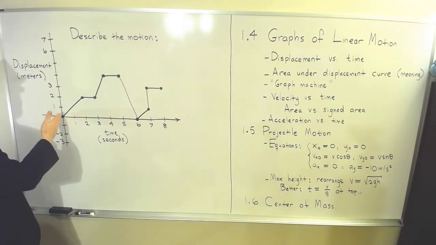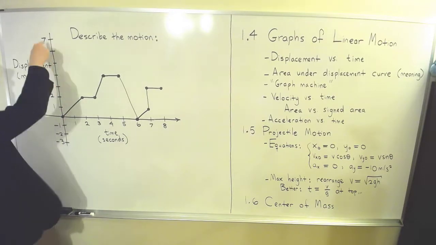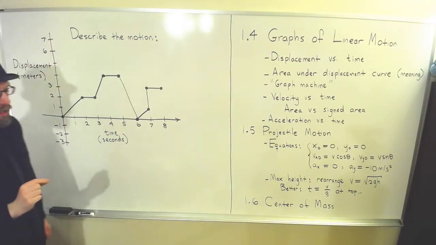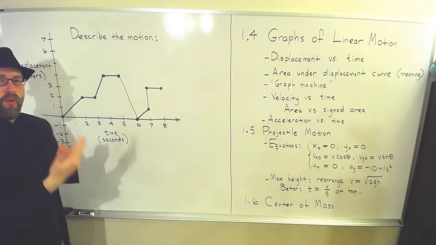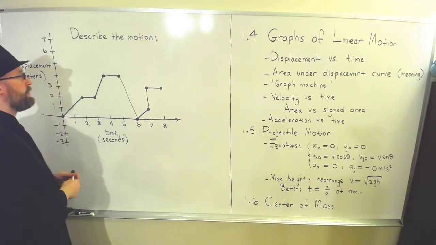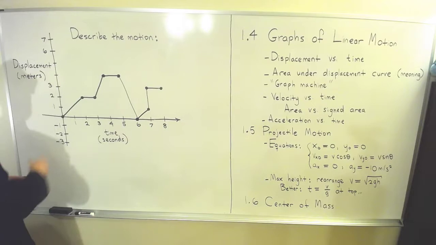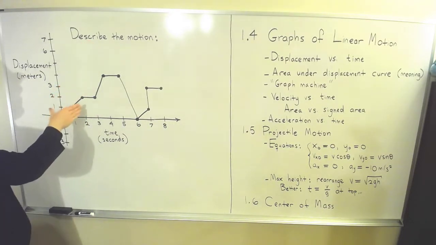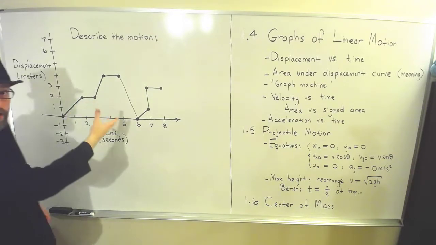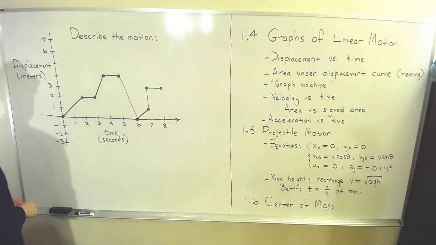But the idea is that the vertical direction here measures your position, and the horizontal direction measures when you are at that particular position. So I've drawn a particular graph here, and the problem is to describe the motion which is encoded in this graph.